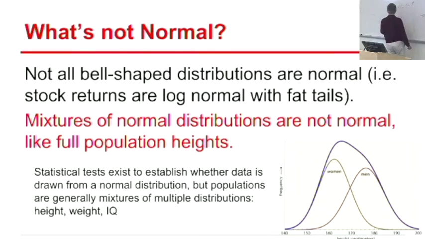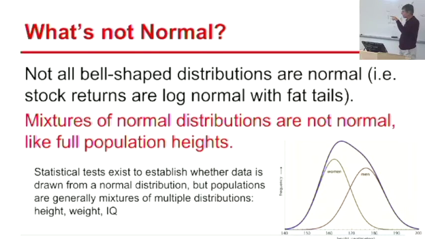The size of worker bees may very well look like this, right? Assuming we have a certain fraction of queen bees and a certain fraction of worker bees, is the size of that colony going to be normal? The answer is obviously not. It's not going to have a single peak, for example, right? So if these populations were far enough away, it would be obvious that these are not normal.